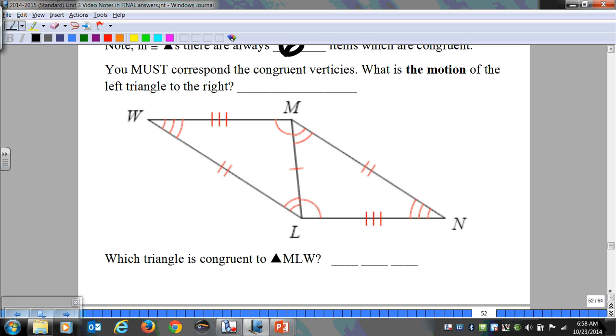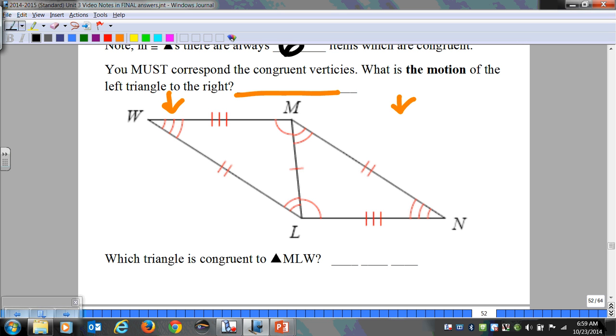So you take a shot at this one. It says you must correspond the congruent vertices. What is the motion of the triangle from the left to the right? What is the motion of this triangle? Then I'd like you to complete this sentence. Triangle MLW is congruent to which triangle? Do that on your own.